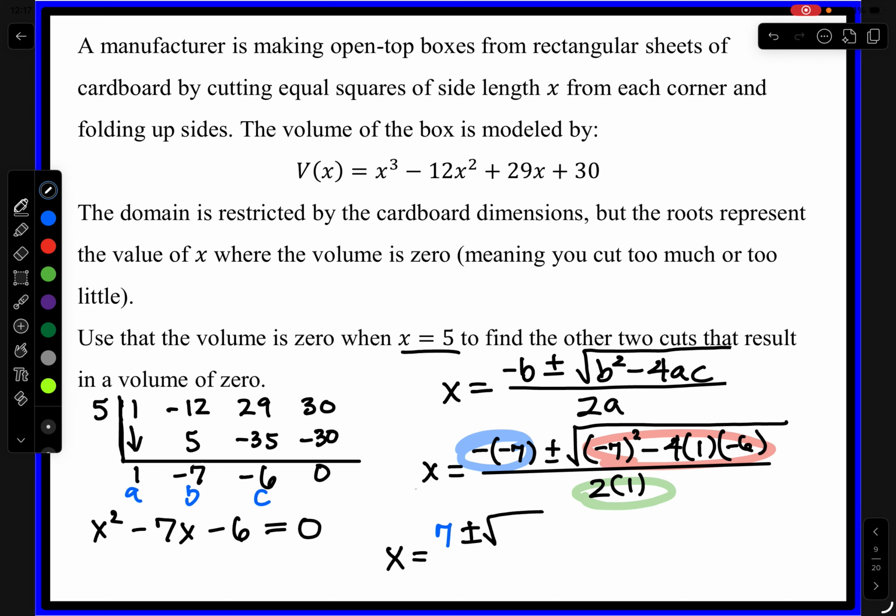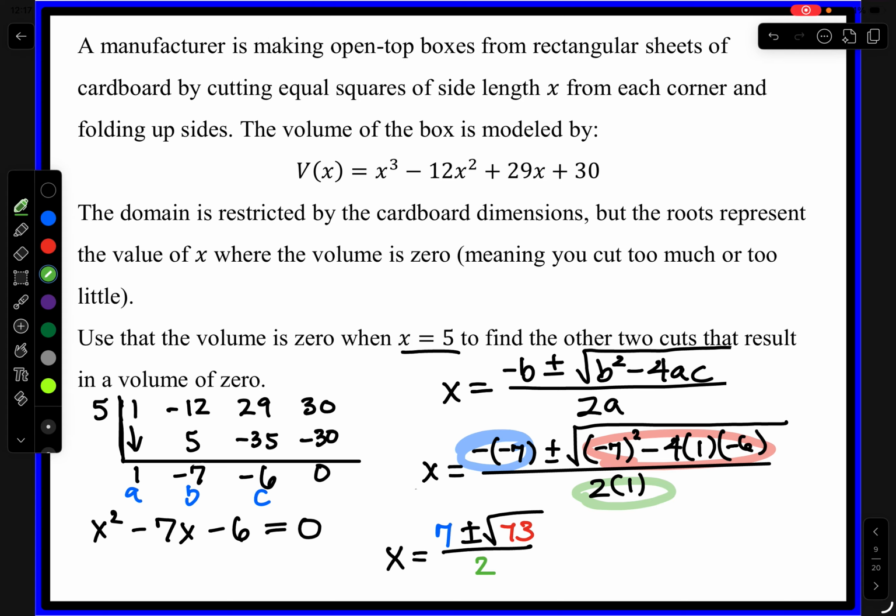Now plugging this into the Desmos calculator, this right here that I highlighted in red, not the square root, just the inside part, gives us a total of 73. So I'm writing that in red. And then we're going to divide by 2, because 2 times 1 is 2.